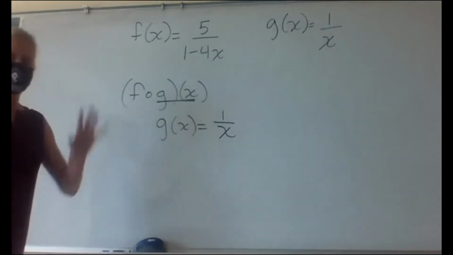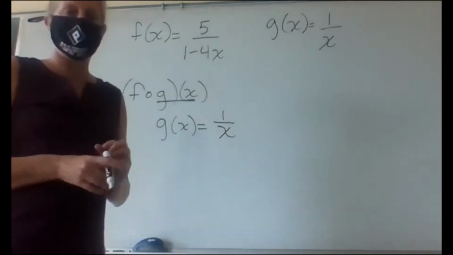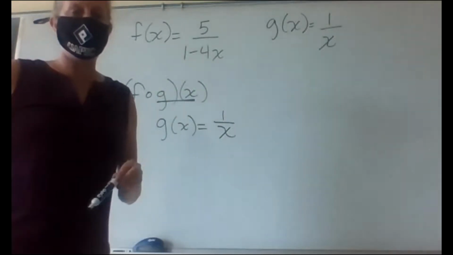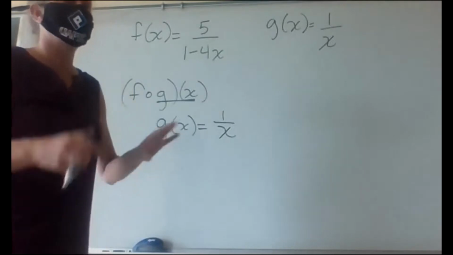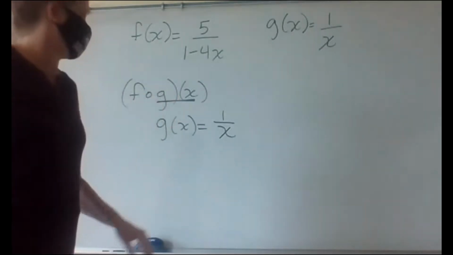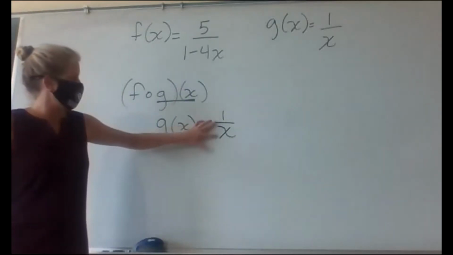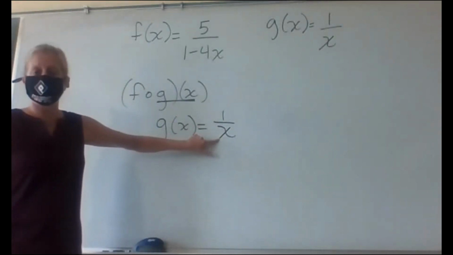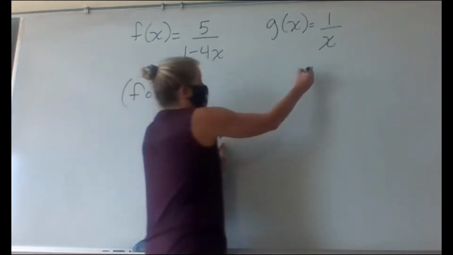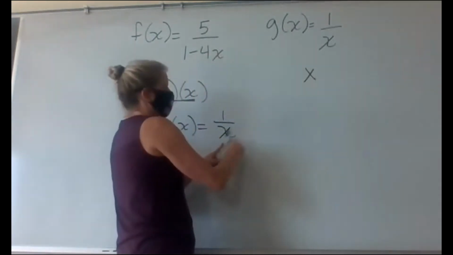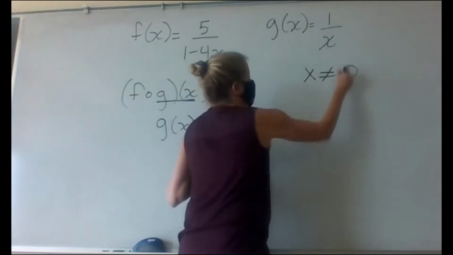Now remember, at this point, you pause yourself and say, okay, in a minute, I'm going to have to find the domain of my solution, which means I need to look at this part right now and see if there's any restrictions. This time there is, right? Because this one does have an x in your denominator. So I know that my denominator can't equal 0.